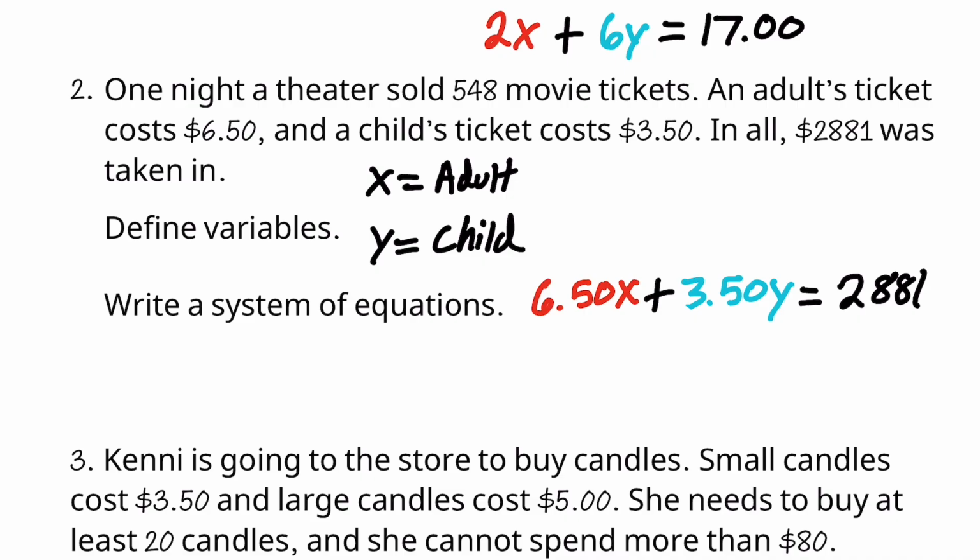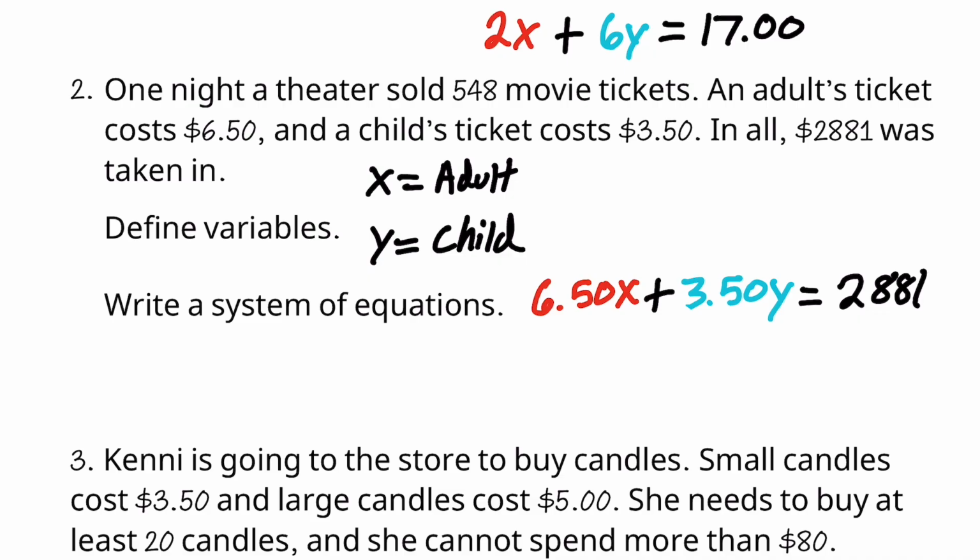Now, I want to talk about my second equation. And it doesn't look super obvious, but that's going to come from the total number of movie tickets. Remember, X represents adult tickets, Y represents child tickets.